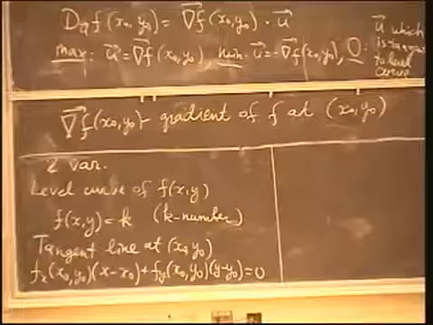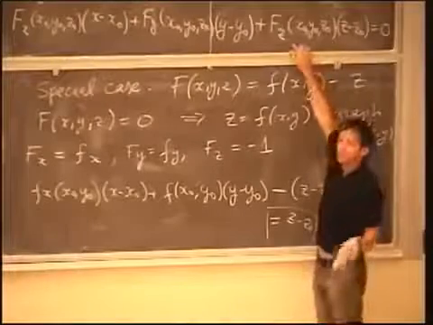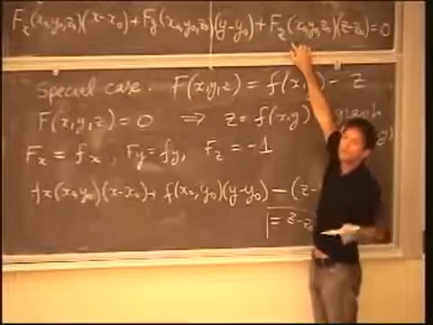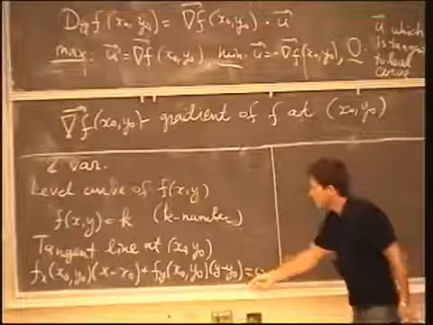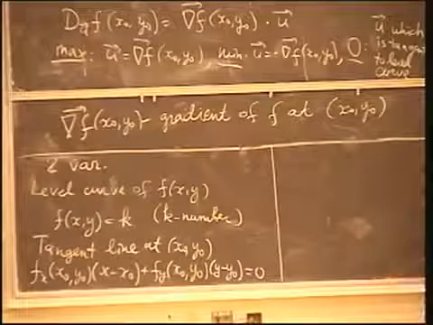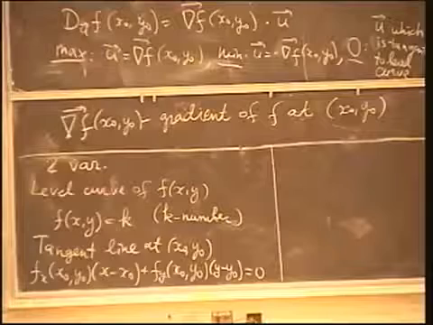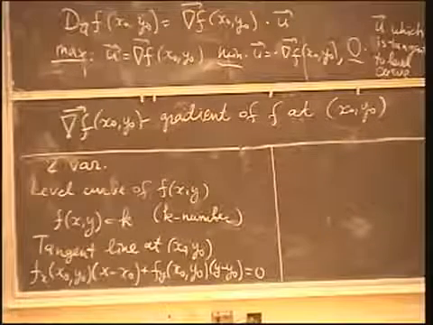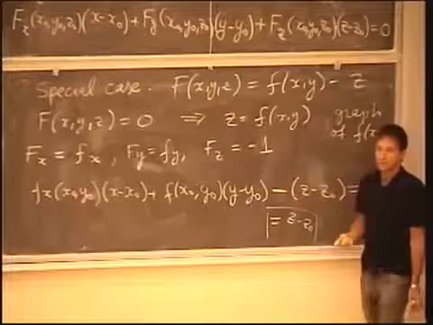But also you can now understand that this formula is a special case of the formula for the tangent plane to a general level surface, which actually looks like this one, except we have a third variable. In the special case, when the function is like this, the third term becomes extremely simple. It just gets a coefficient of negative 1, so you just get minus z minus z0.